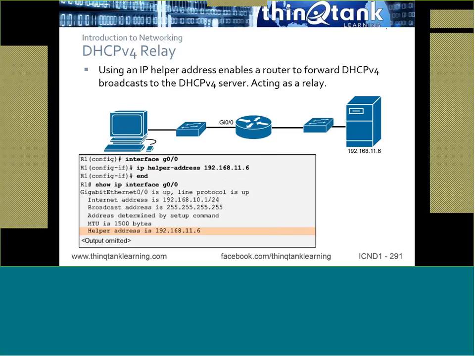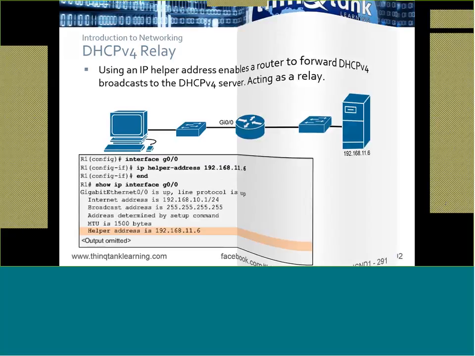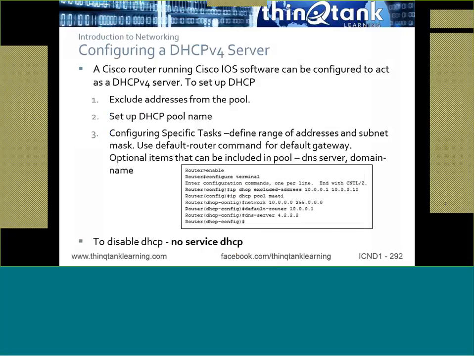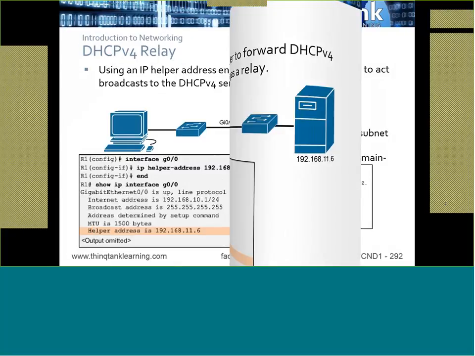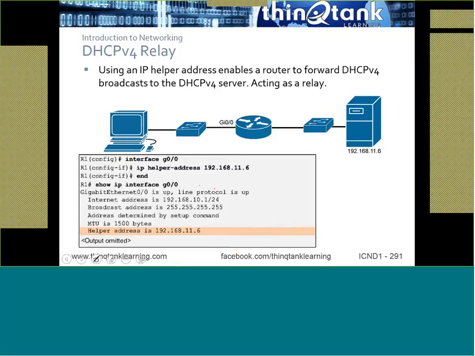All right? Now, it's not to say there aren't other vendors that can do this. I'm speaking specifically from Cisco's standpoint. This is how we would deal with DHCP in a Cisco environment. We use IP helper. What IP helper does is it makes this router a DHCP relay agent.